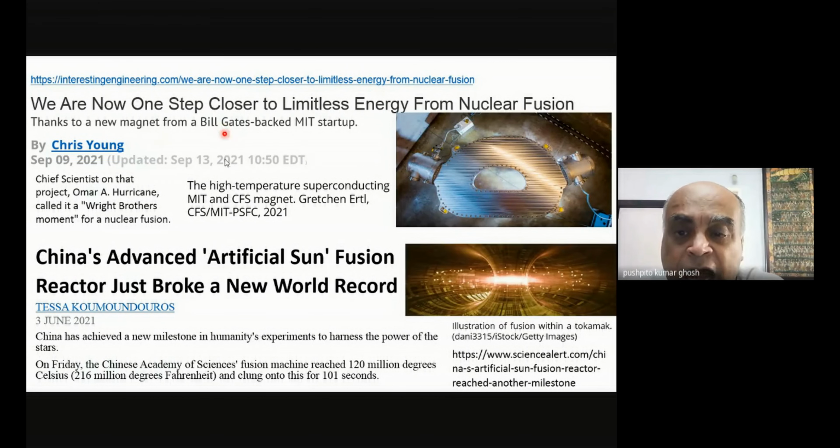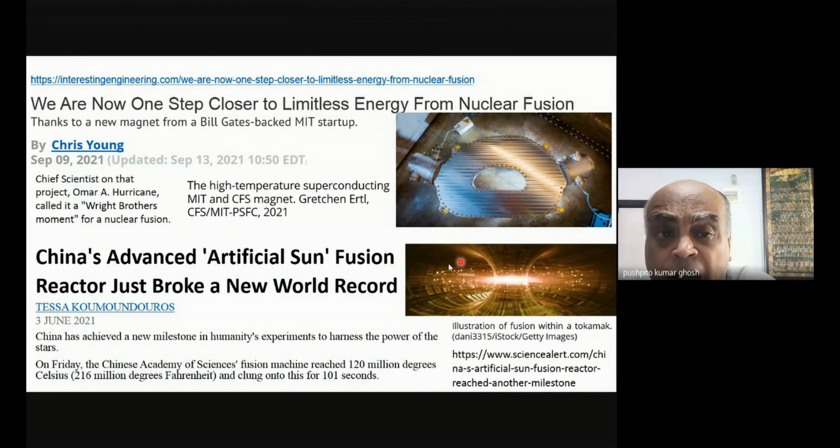Now, you can imagine that for magnetic confinement, I need massive magnets, and these are superconducting magnets. Typically, up till now, magnets become superconducting when you reach temperatures of something like 4 degrees Kelvin, almost like absolute zero.